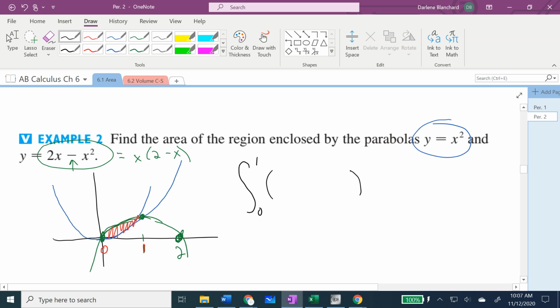And then your integral to give you area is length times width. And you want the positive value of this length. So top function is the 2x minus x squared. The bottom function, x squared. So on a test, you're expected to write the definite integral and then solve the definite integral.